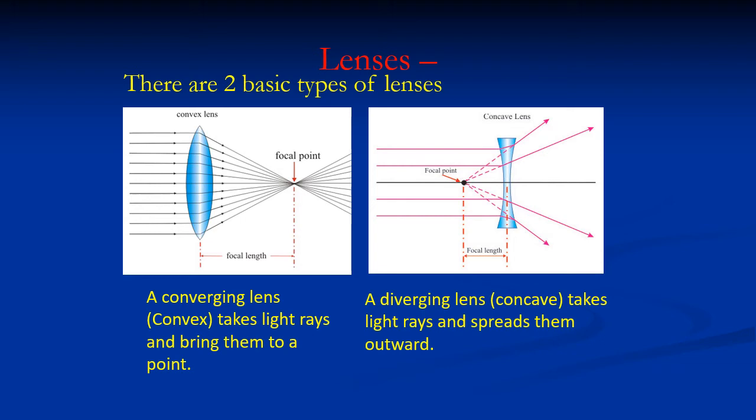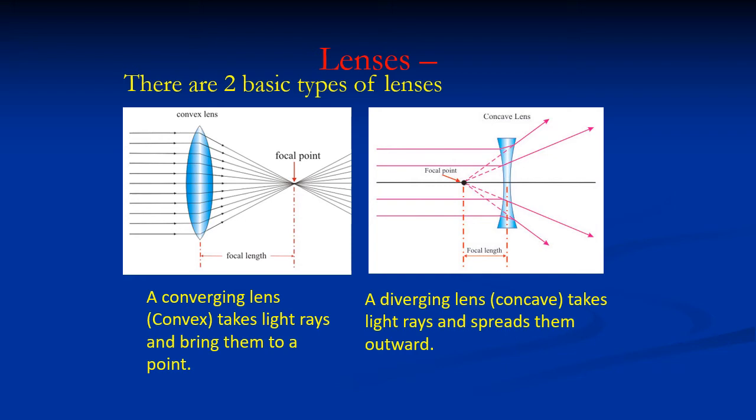When light travels through a convex lens, it will come to a point, it will focus at a point. This is the first focus, called the principal focus, and the distance from the optical center to that focus point is called the focal length of that convex lens.